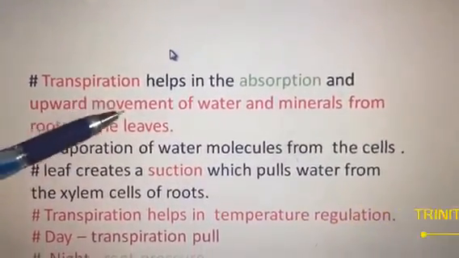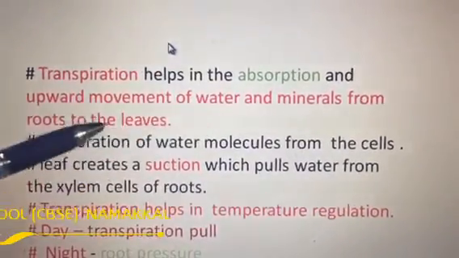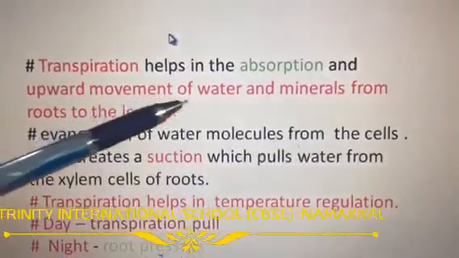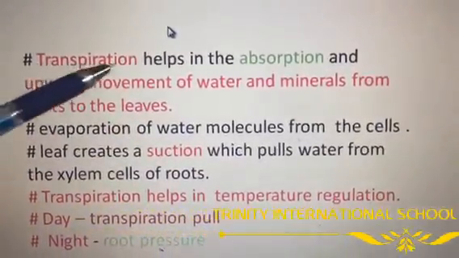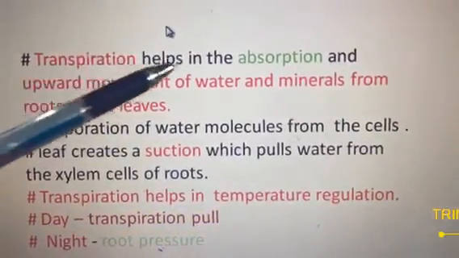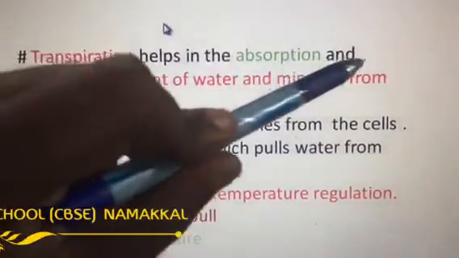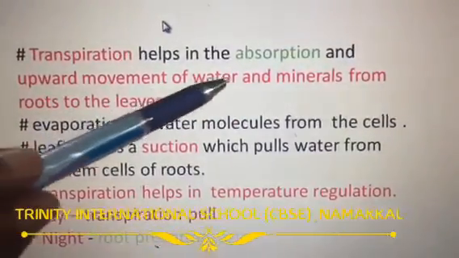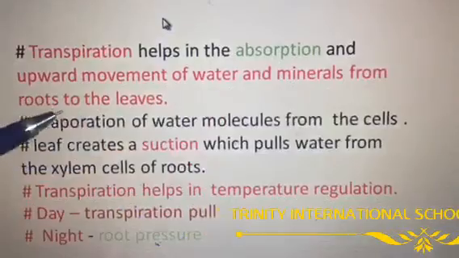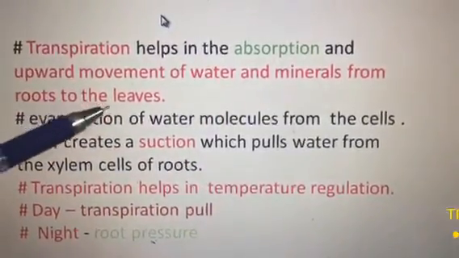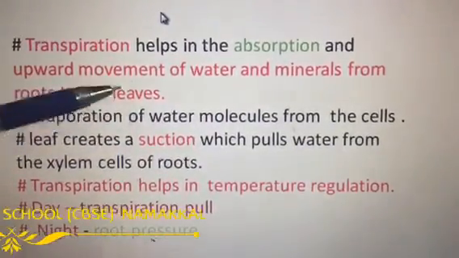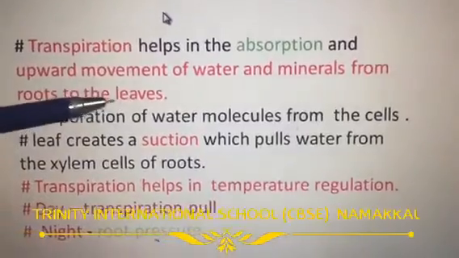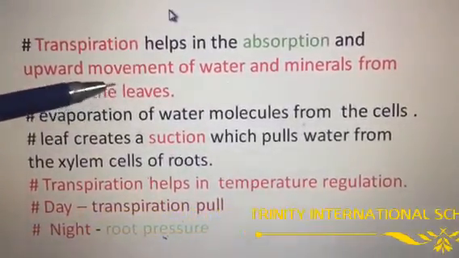Transpiration helps in the absorption and upward movement of water and minerals from the root to the leaves. Before, we discussed that tracheids and vessels help conduct water and minerals from the root.